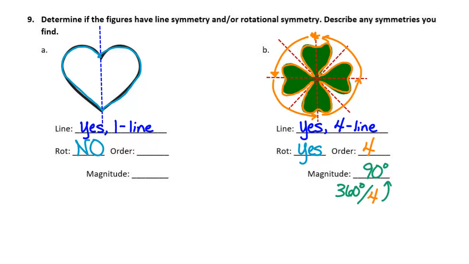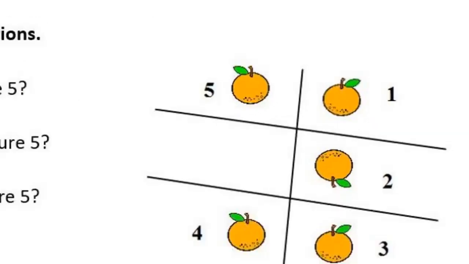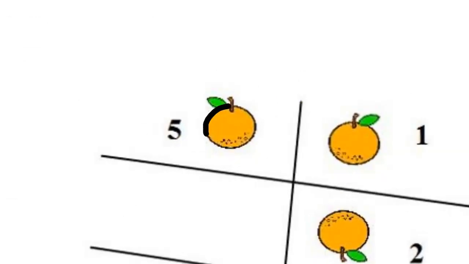What other questions do you guys want me to go over? Number 2? Absolutely. All right. We're looking at figure 5 for all of these. Which figure in the diagram is a rotation of figure 5?